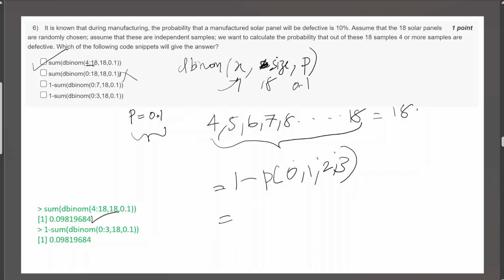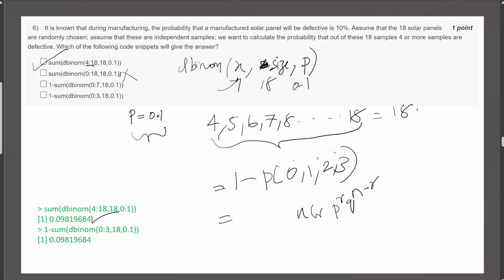Otherwise, we have to use nCr, p power r, q power n minus r, for 18 samples. It will be a tedious job with pen and paper. But with software, the computer is doing it, so we don't have to worry about it.